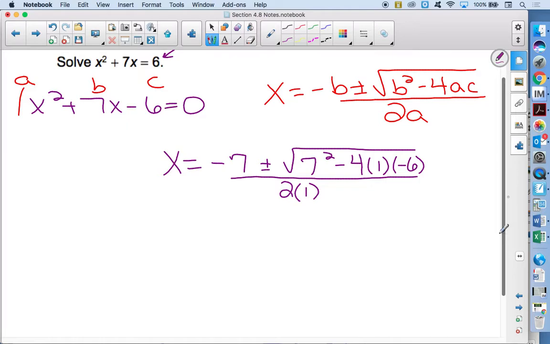So you're really taking 7 squared, which is 49, and then we're subtracting 4 times 1 times negative 6, which makes negative 24. So we have 49 minus negative 24, that's 73.